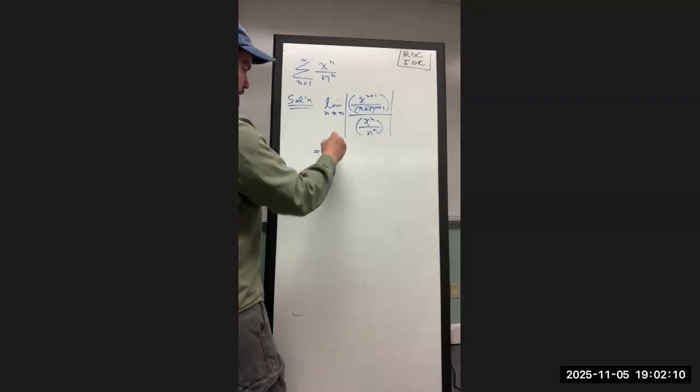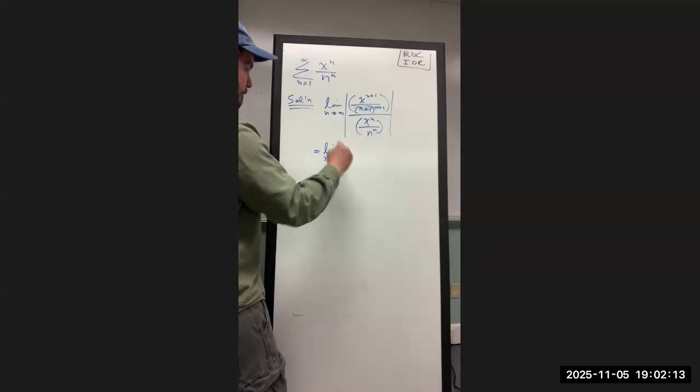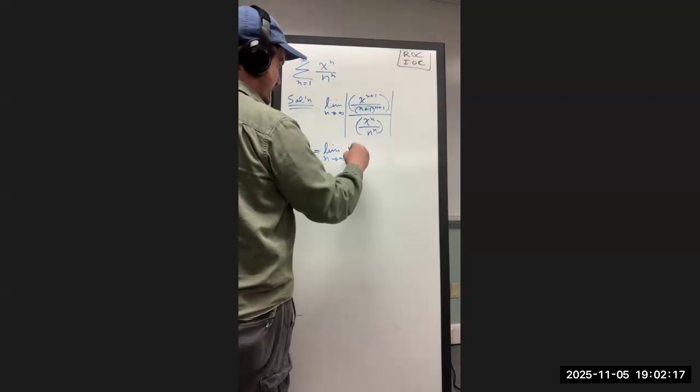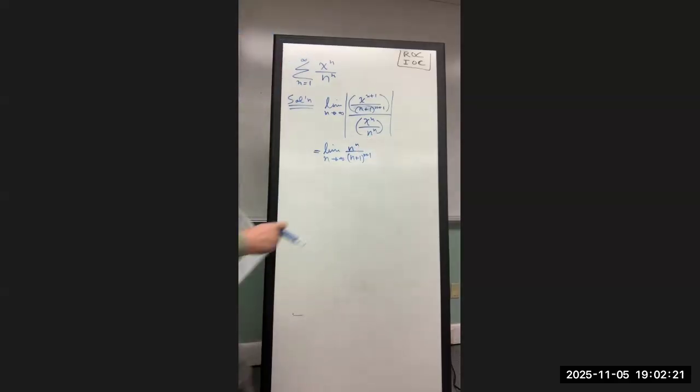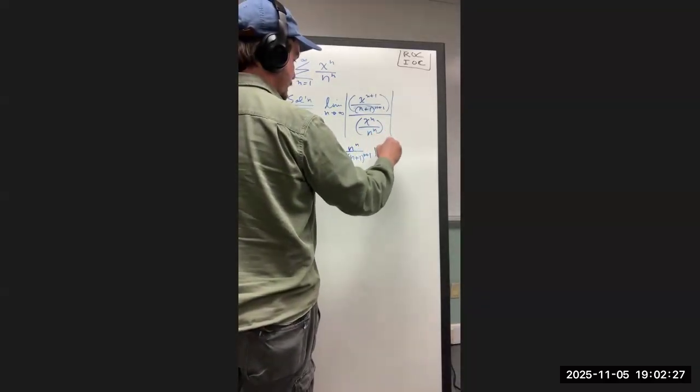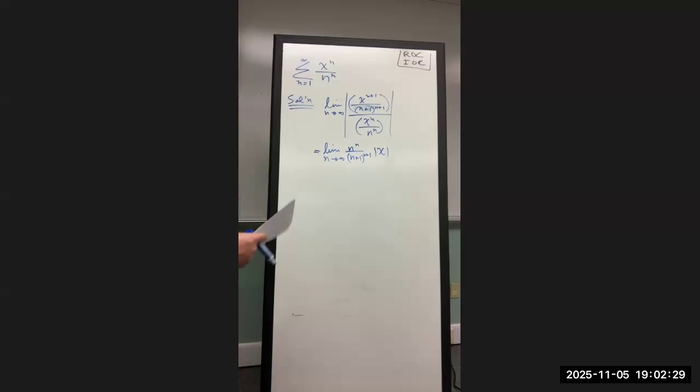So simplify it. And we get n to the n over n plus 1 to the n plus 1 times x.